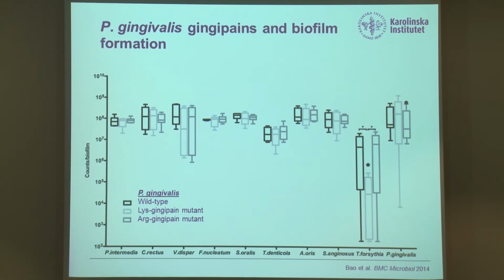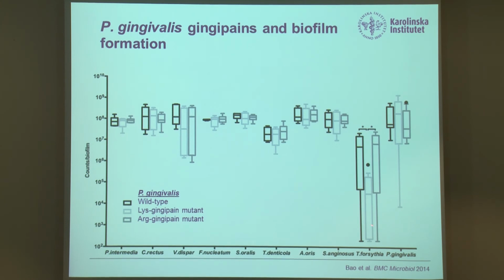And we did not observe any striking numeric differences, and there were non-significant differences for most of the species, with the exception of Tannerella forsythia, one of the three red complex species. When P. gingivalis was lacking the lysine-specific gingipain, the numbers of Tannerella forsythia were significantly decreased. This basically shows us an interdependency between T. forsythia and P. gingivalis.